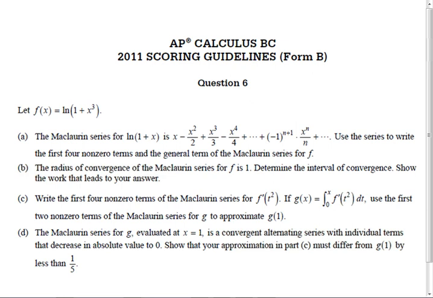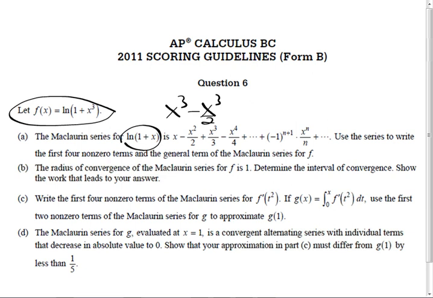Oh, that's a great one. They tell you this. Yeah, but it's the log. Use the series. Now, what's f? Oh, it's 1 plus x cubed. 1 plus x is this. What are you going to put in for x? X cubed minus x cubed over 2.